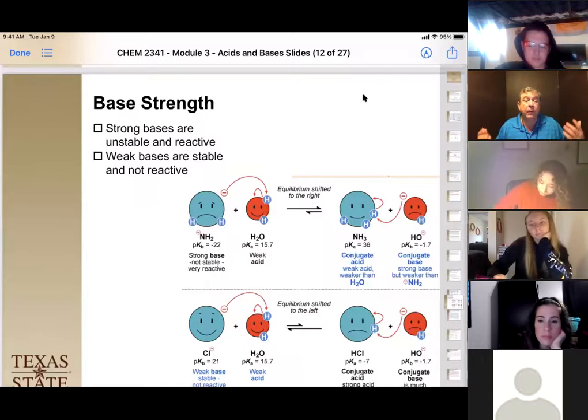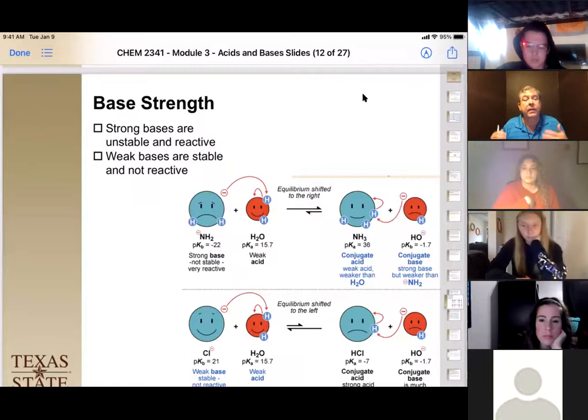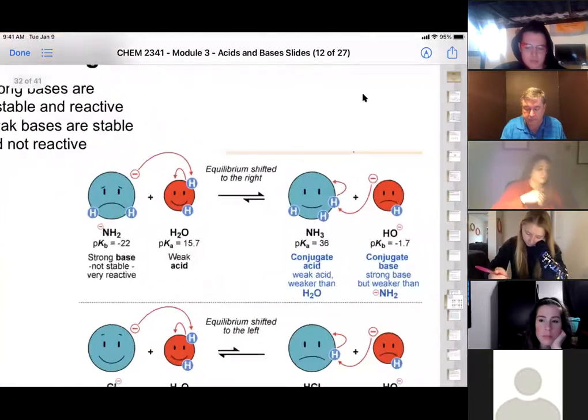We just can't keep it around. It'll react with air, it'll react with water. The weak bases like chloride ion and iodine ion would be very weak bases because they were strong acids, and they're very stable and non-reactive. They'll just sit around and be an ion and be happy with it. Okay, so let's look at that.